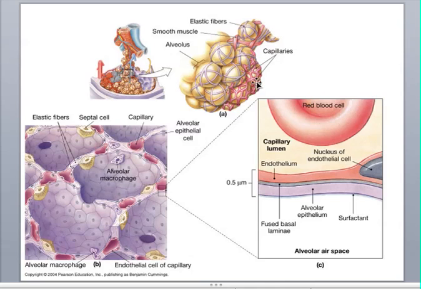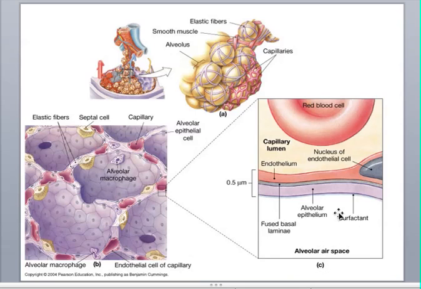Here are some capillaries, and there are capillaries around each alveolus. You can see the little cross sections. These are little cross sections of capillaries that are covering like a little network all around each alveolus, so that there's a good surface for gas exchange between the capillary and the alveolus.